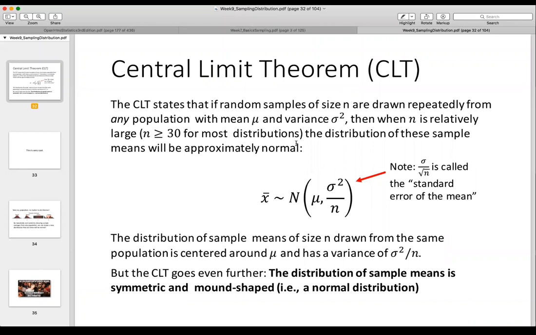So we talked about point estimates. We talked about standard error, which is on average how much we expect the point estimate to vary.